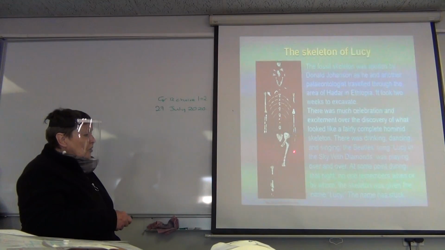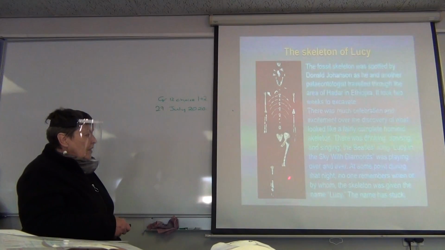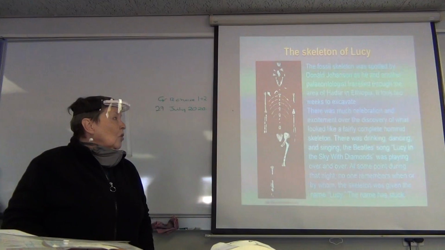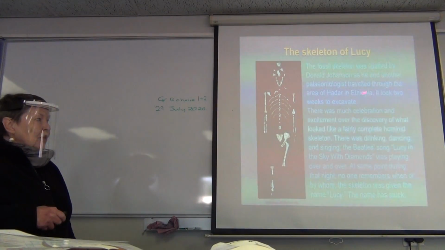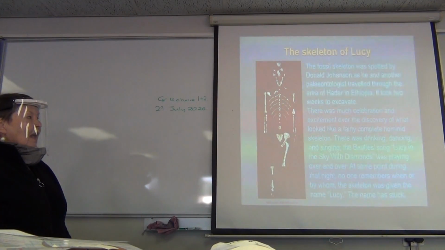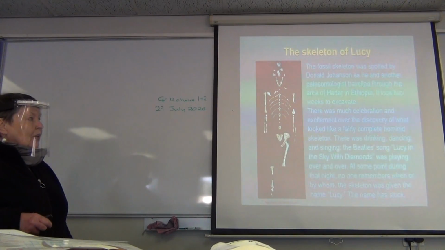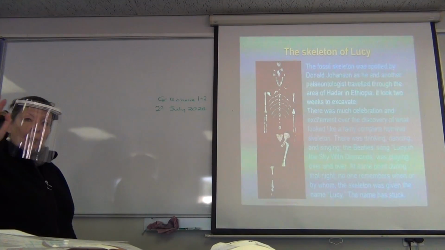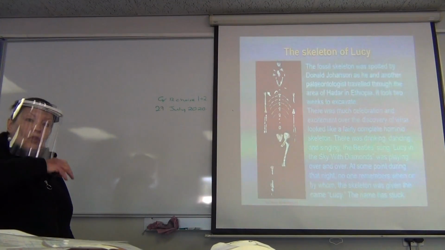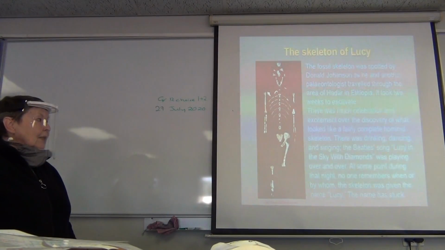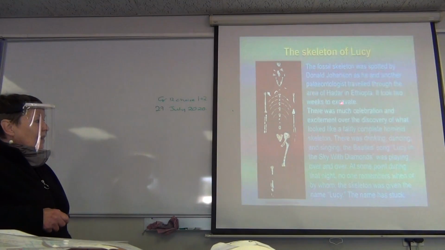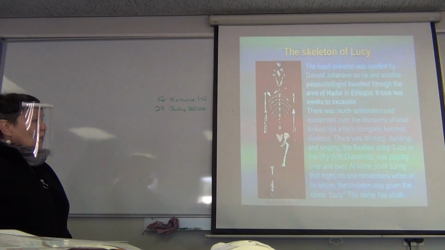This was the bones of the fossil laid out like that. And this skeleton was spotted by Donald Johanson, you don't have to know that, and he and another paleontologist were traveling through that particular region. And as they were driving along, he said, no, hold on, stop. They went on a different route to the route that they normally went on that particular day. And he spotted it from the vehicle, and he made the other guy stop, and it took 2 weeks to excavate.